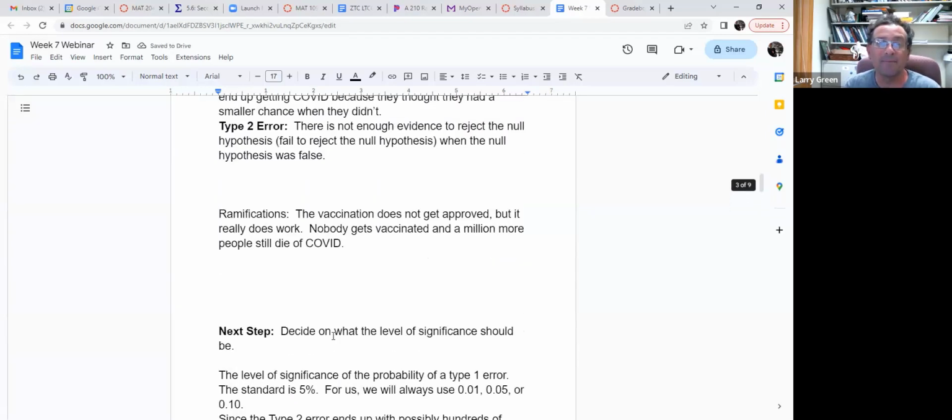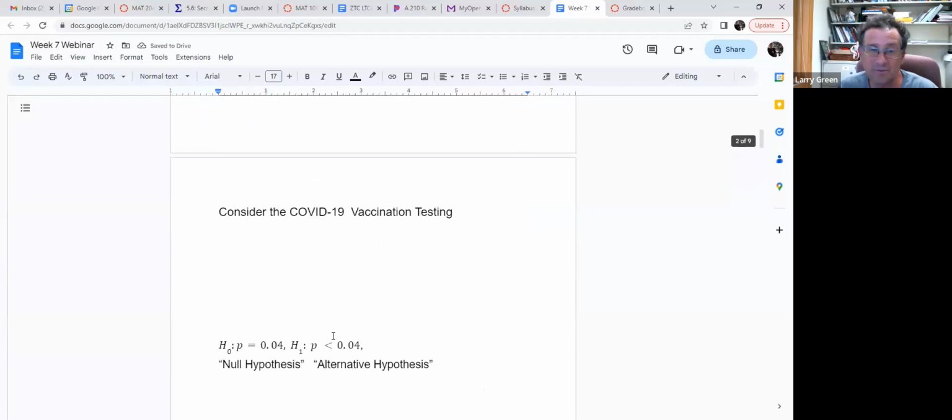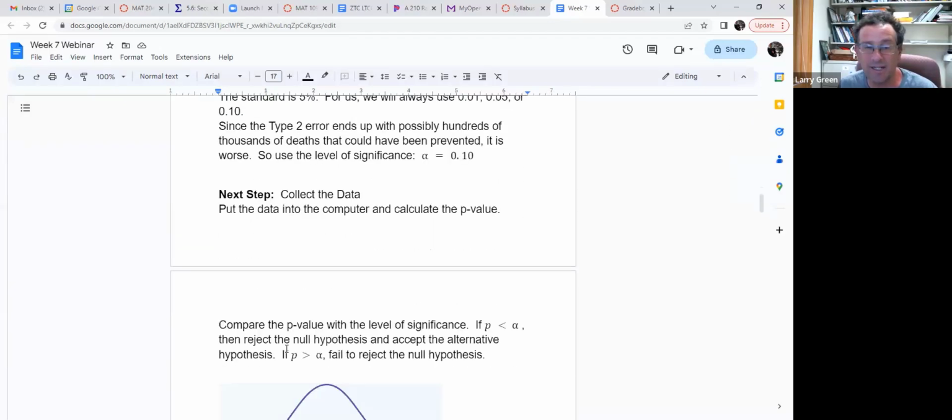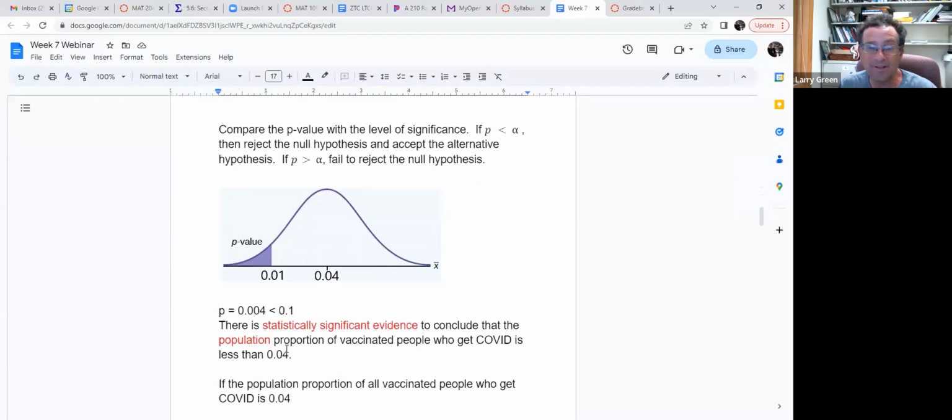Okay, by the way, what I just did is I just restated H naught. Because H naught is P is equal to 0.04. In words, that is the population proportion of all vaccinated people who get COVID is 0.04. Or 4% of all vaccinated people get COVID. So you restate H naught. Any questions on that? That's the beginning of this.